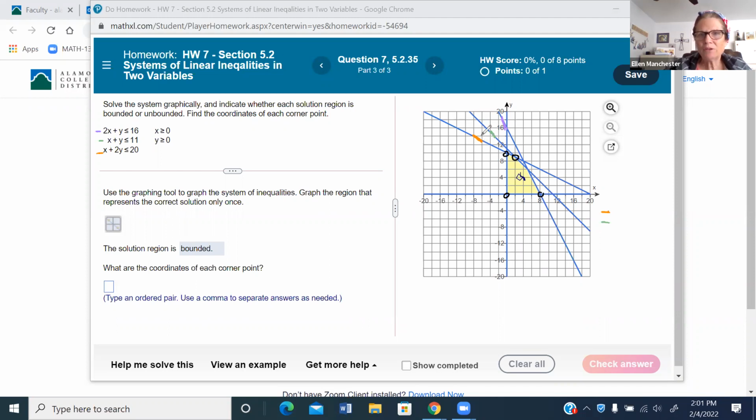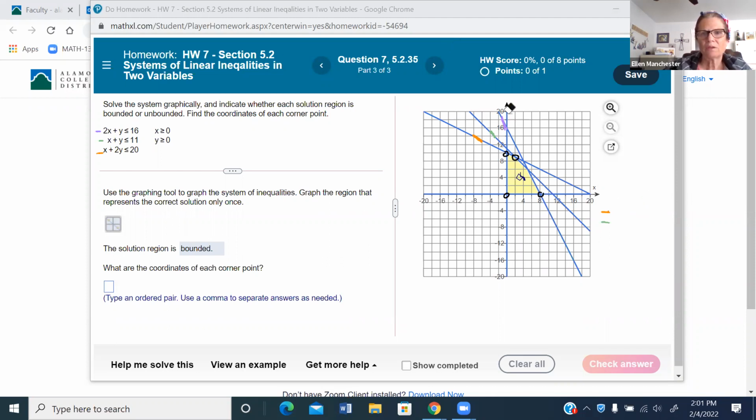So what I'm going to do is come over here and rewrite those without the inequality. I don't need the inequality anymore.